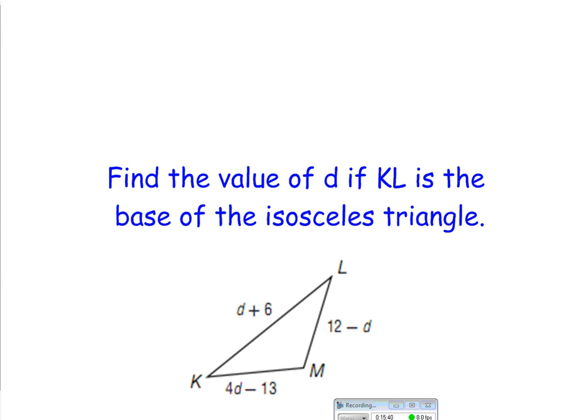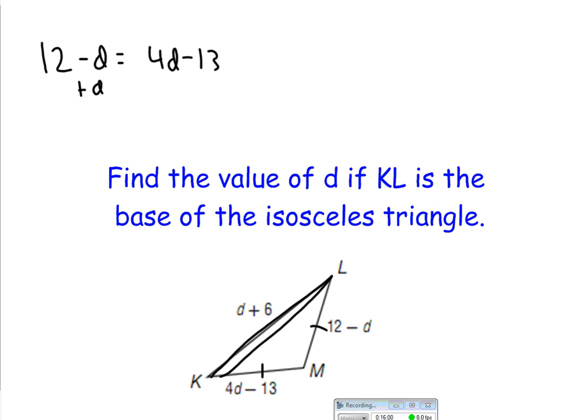Find the value of d if KL is the base of the isosceles triangle. So this is the base of the isosceles triangle. If I flipped it over, these two would be congruent to each other. So you say 12 minus d equals 4d minus 13.